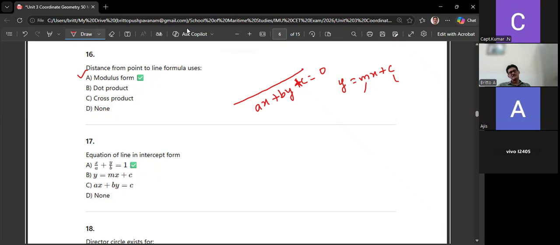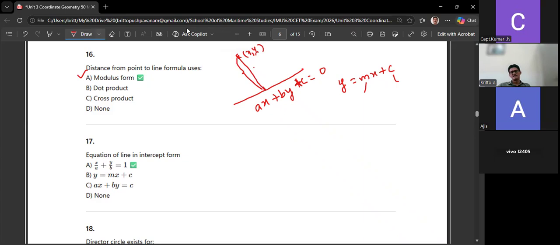So here the question is the distance from a point to a line. Here is a point, (x1, y1). Now what is the perpendicular distance from the point to the line?